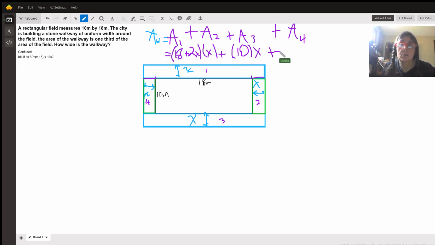Now, area 3 is exactly the same as area 1. So we have 18 plus x, we have 18 plus 2x.